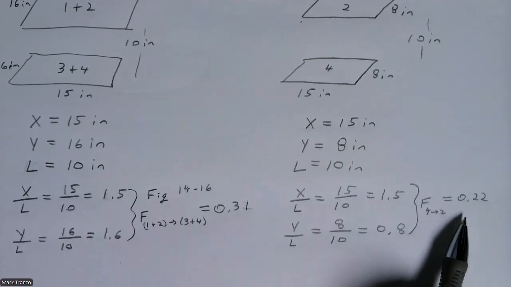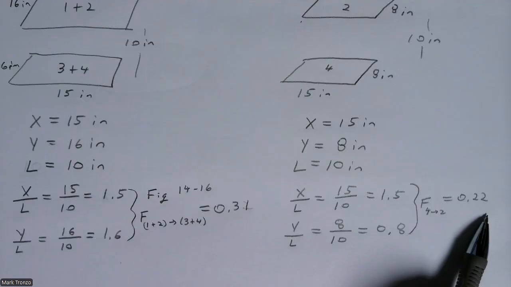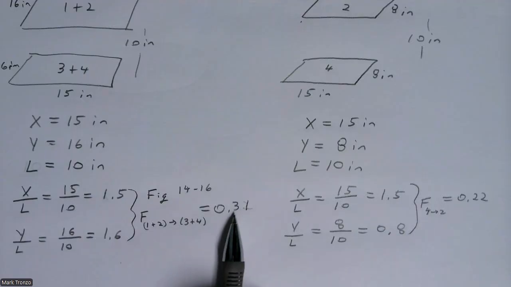So F4 to 2 is 0.22. And I look back at the chart again. Maybe this one was 0.31. But it's kind of hard to read these curves exactly, but I'll go with 0.31.